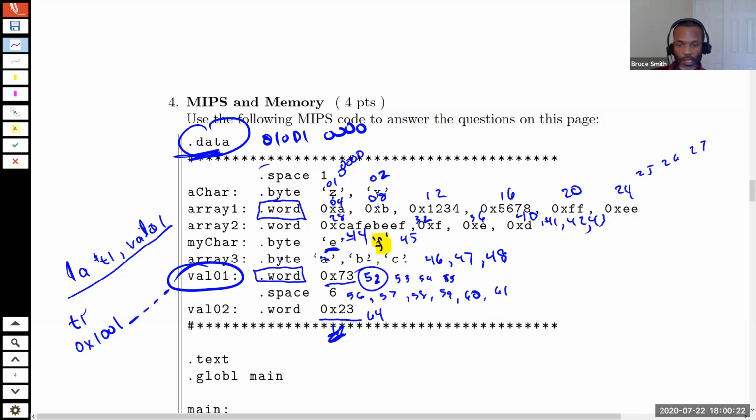If I go back in to finish this up and look at T1, where I did the address and it took val01, we said that it's 52. So T1 won't get a 52. T1 will get the entire address. And that address, 52, I just labeled using base 10 counting.